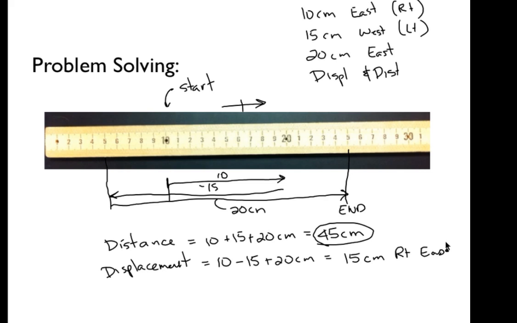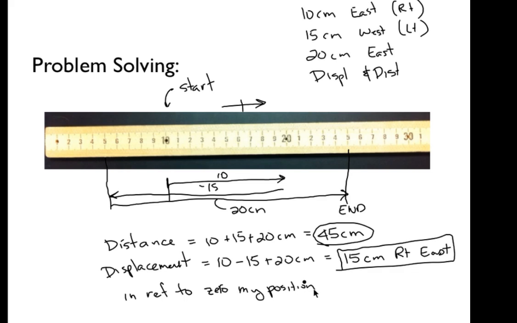So if I wanted to know where I am in reference to 0, my position is 10 centimeters from where I started plus 15 centimeters to the right, which would give me 25 centimeters as my final location.